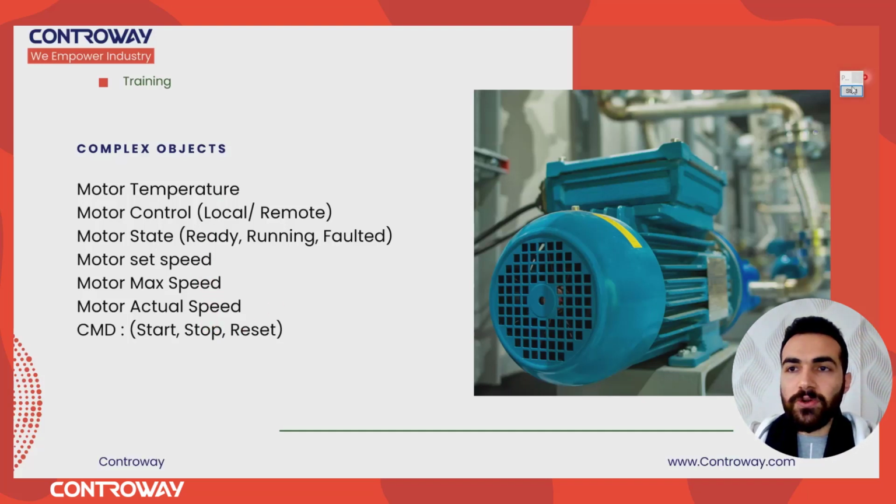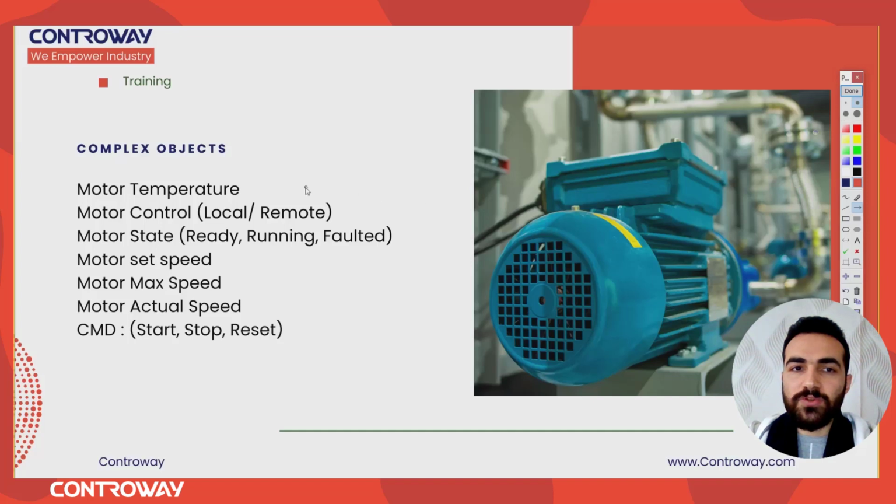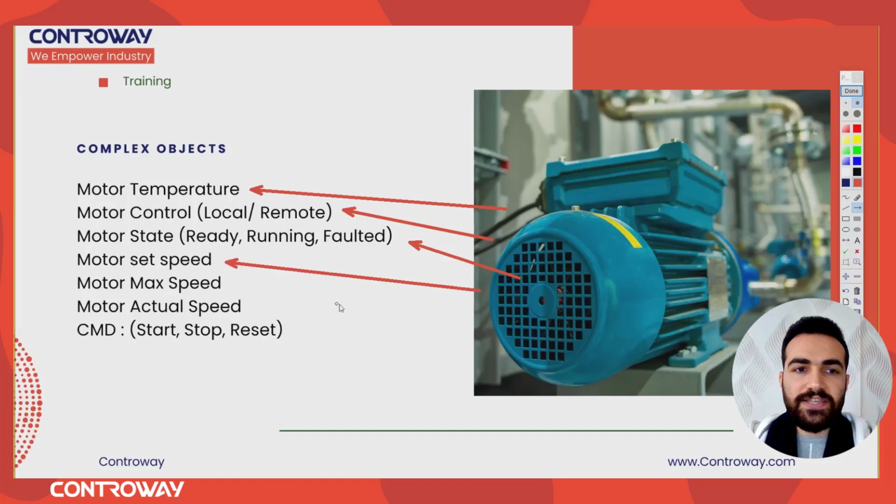So for only one motor, let's assume that we have about 20 motors. For each one of these motors, I should have temperature, local or remote, the state, set speed, max speed.